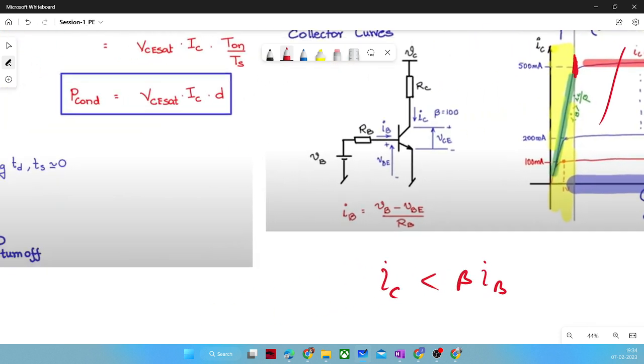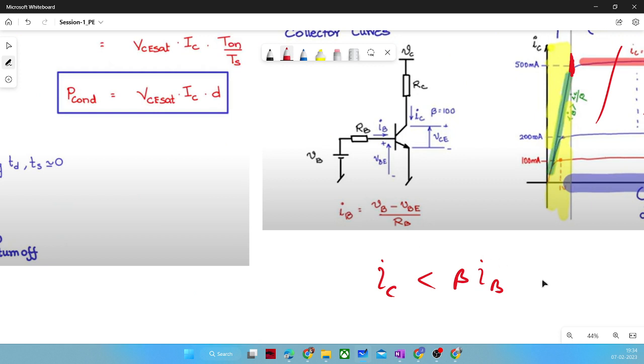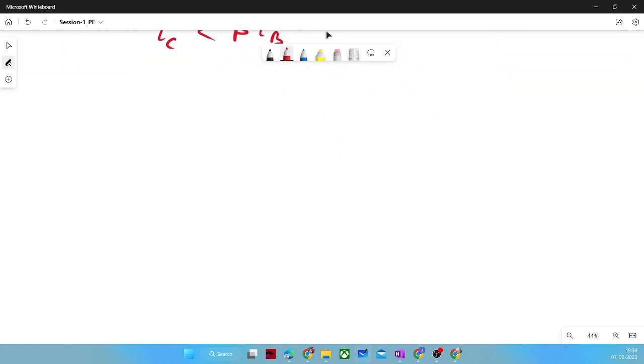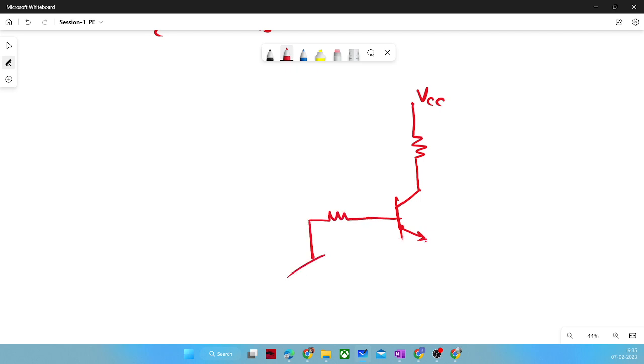And let us suppose our transistor is operating as a switch in linear region, what will happen? Although it will not happen, but let us suppose we have a VCC.